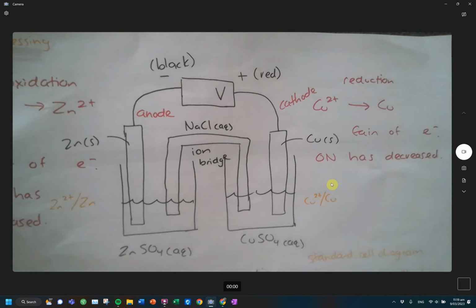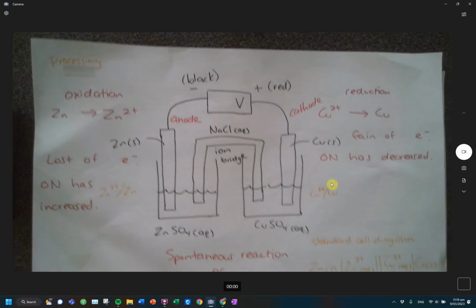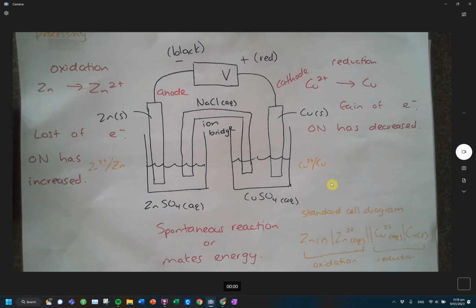So from last lesson, we talked about the achieved requirements for the standard cell, the galvanic cell. A lot of it is the same from the electrolytic cell.